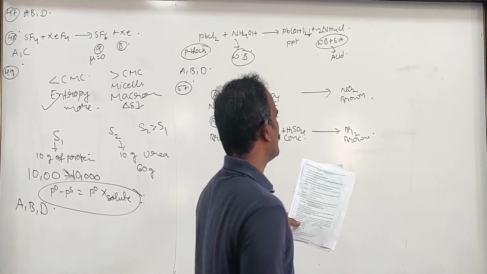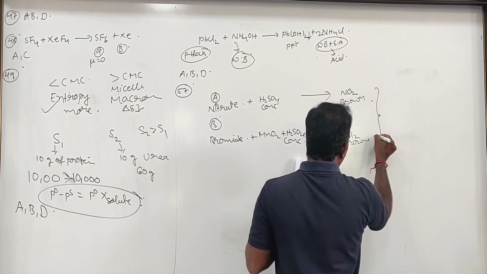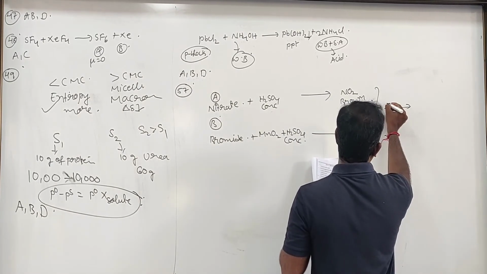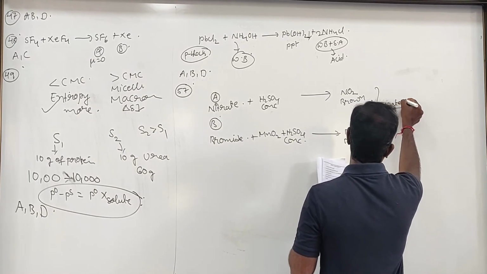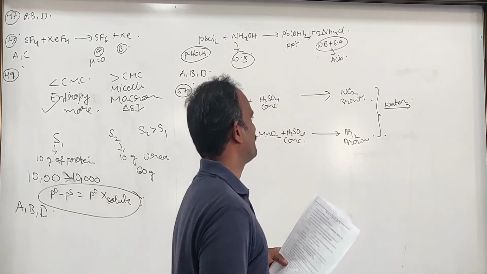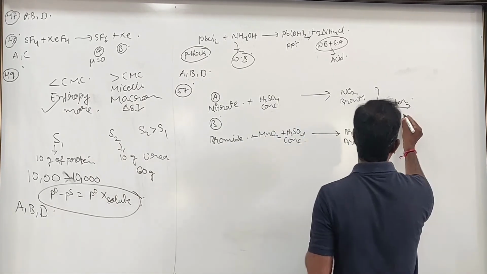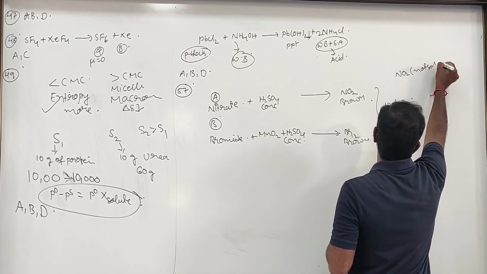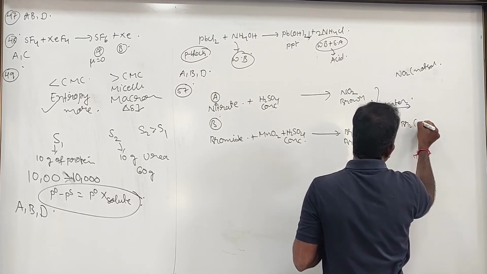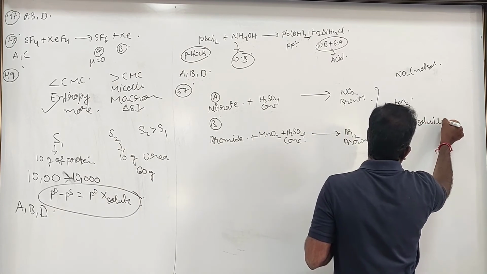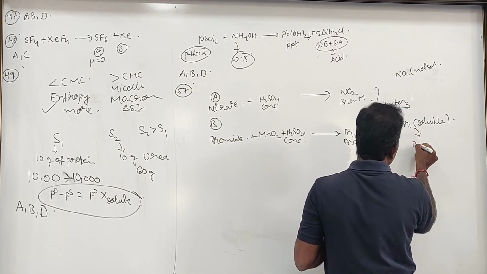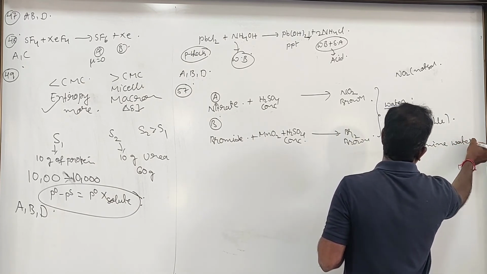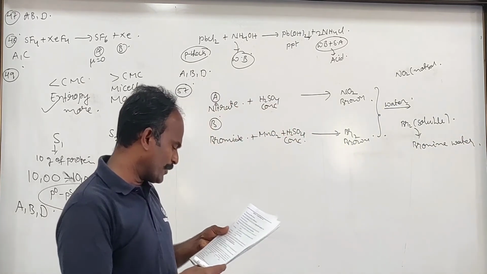We will see. First I have to pass it through the water. Here nitrogen dioxide, NO2, is not soluble, whereas bromine is soluble in water, and it is going to form bromine water.